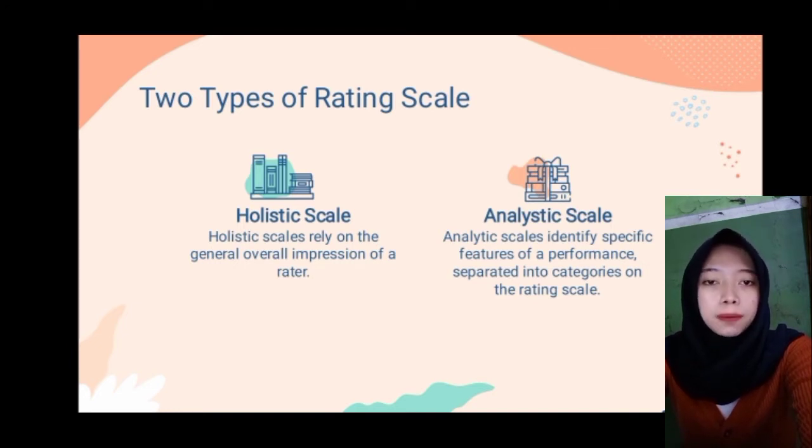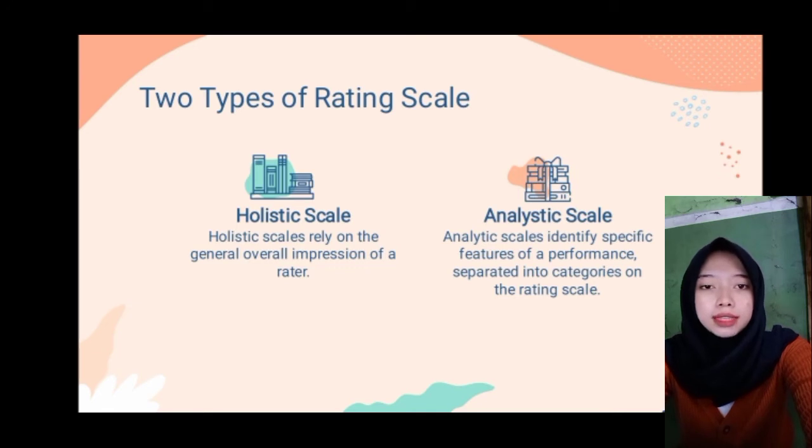Raters consider a performance, for example in writing and speaking, as a whole and relate their impression to a scale that provides a criterion, reference, description that is linked to points. The rater does not consider specific features of the writing or speaking.